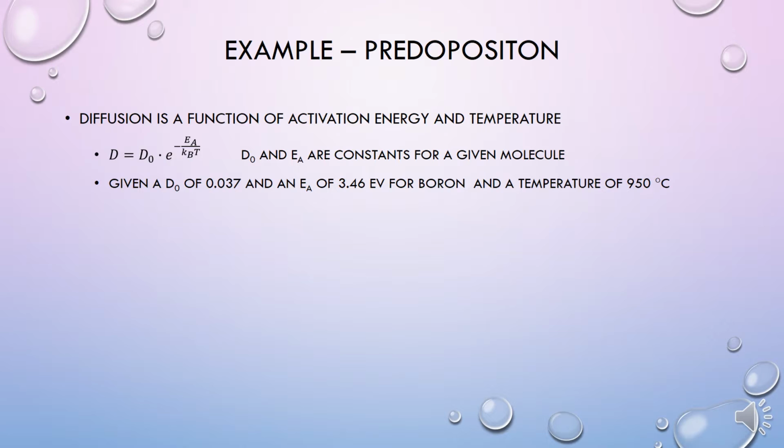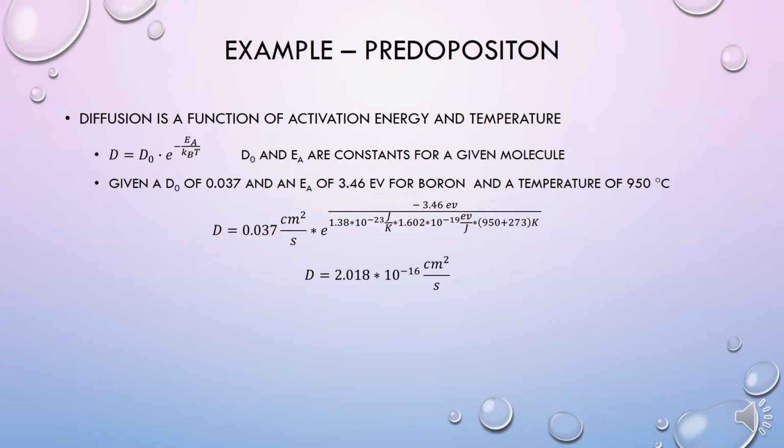We're going to use a temperature of 950 degrees C. So solving for the diffusion coefficient at this temperature with this molecule, we find our diffusion coefficient of 2.018 times 10 to the negative 16th centimeters squared per second. As you can see, this is very small because we're diffusing into a solid.